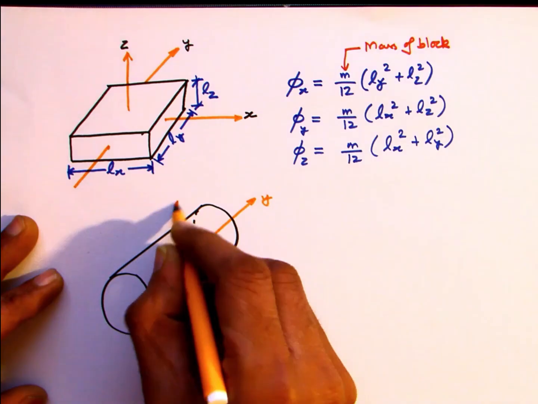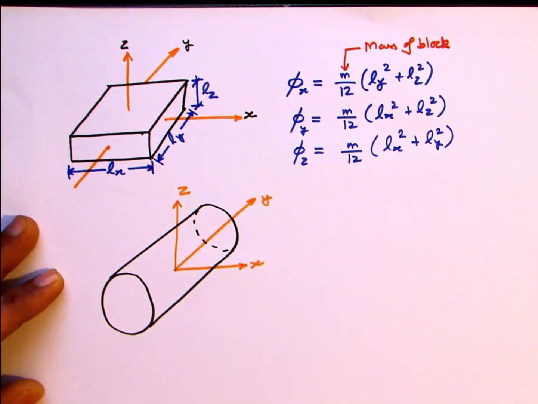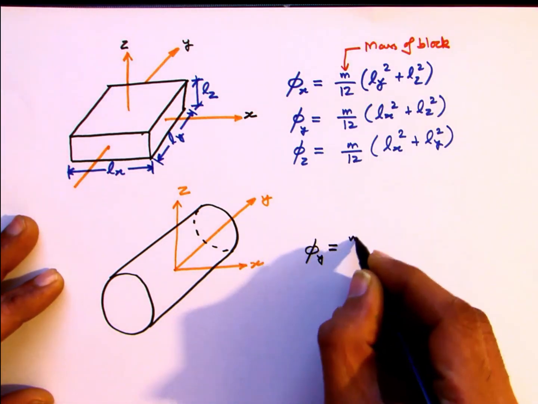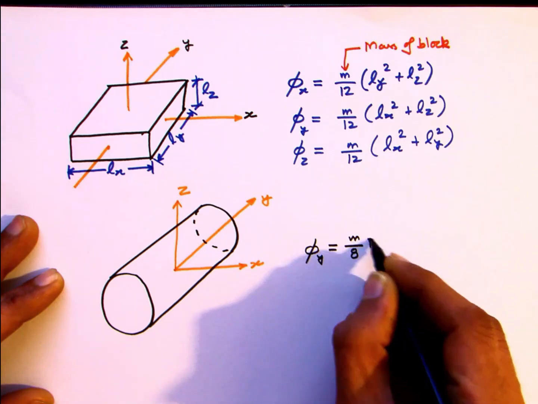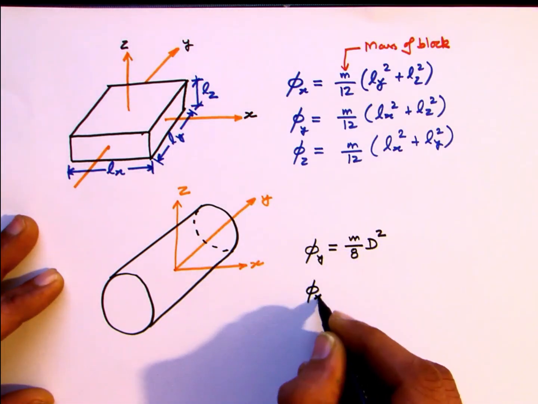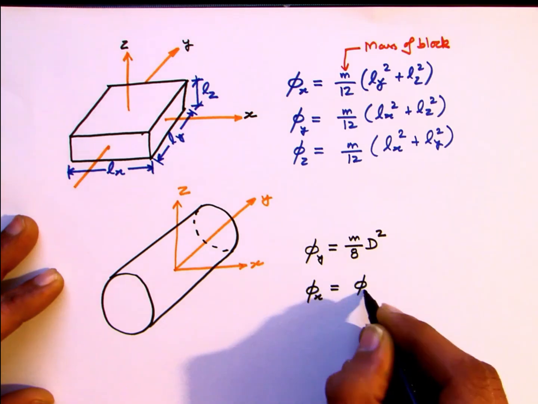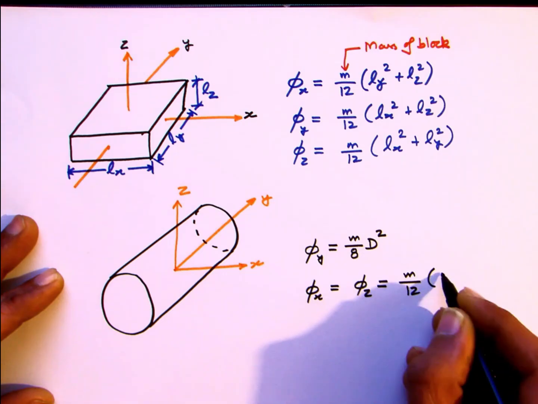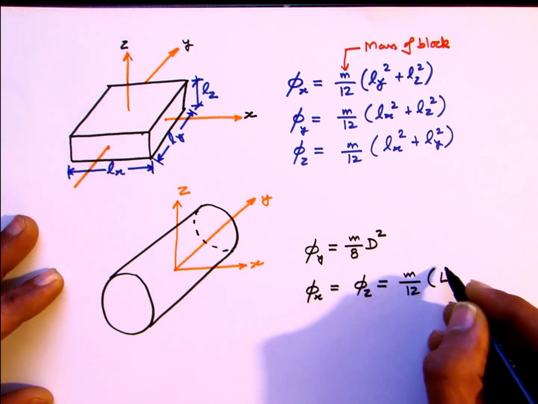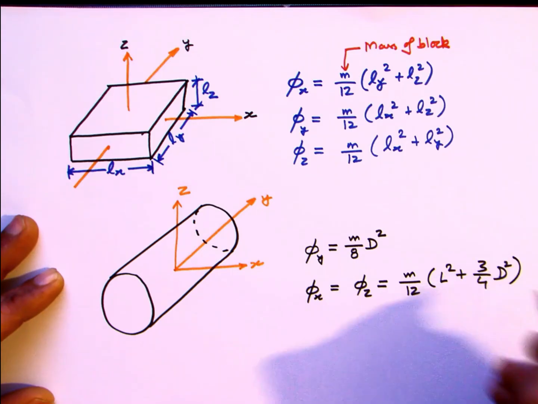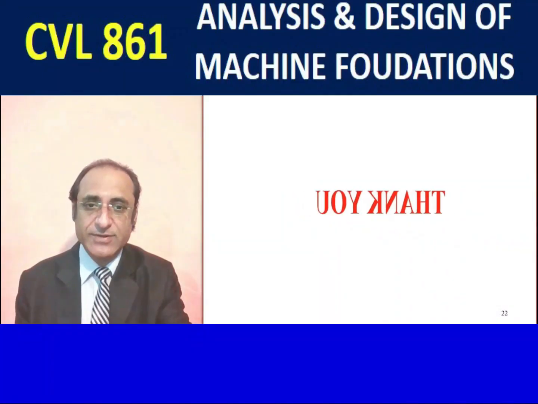About the y-axis, which is the longitudinal axis, the expression is m by 8 d to the power 2. Similarly, about the x or z axis, the expression is m by 12 L square plus 3 by 4 of d square.